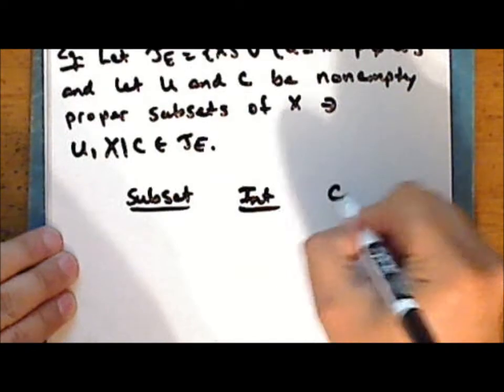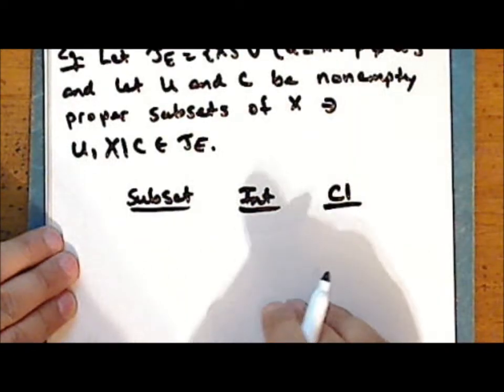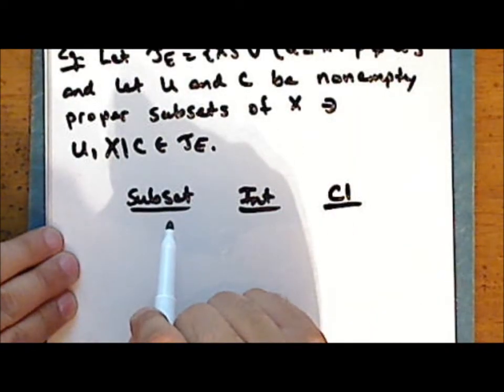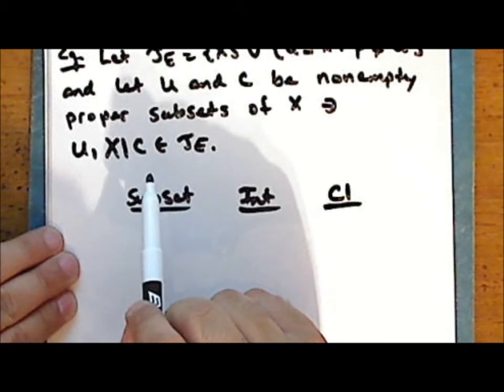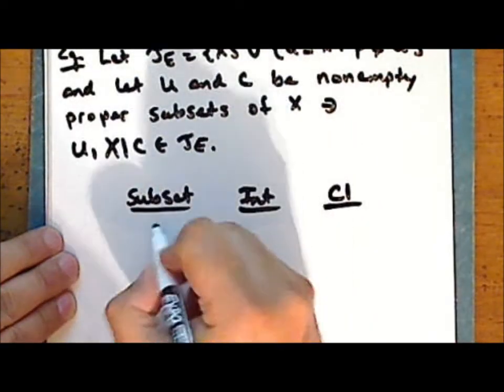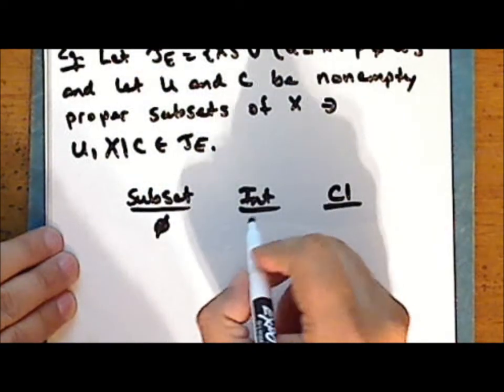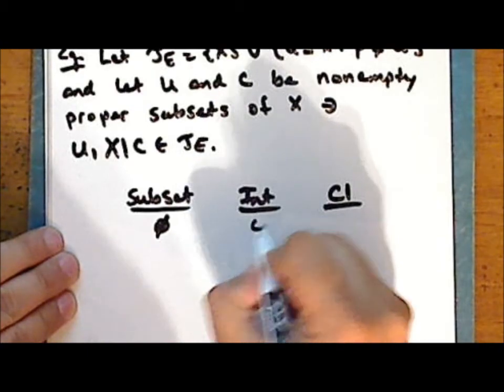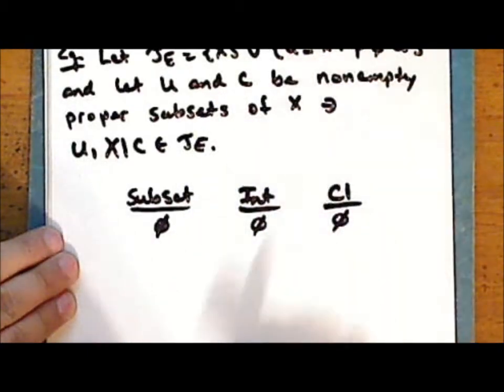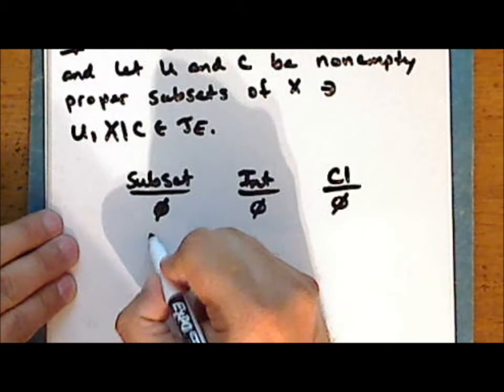Now, just as in a space with the particular point topology, in a space with the excluded point topology, any non-empty proper subset is either open or closed, but not both. Once again, the interior and closure of the empty set is the empty set, as it is both open and closed.